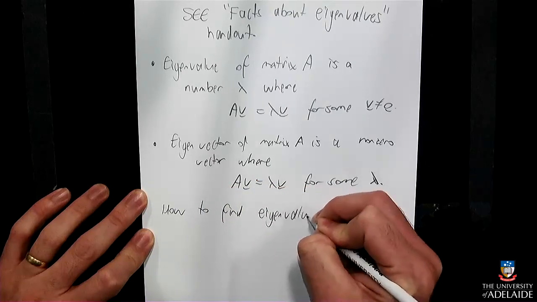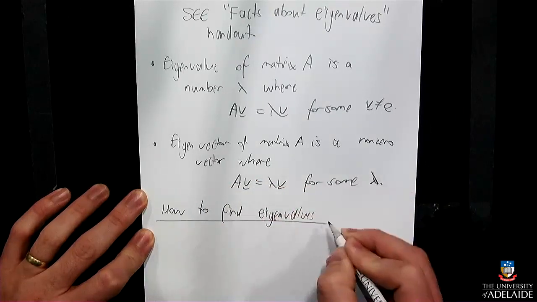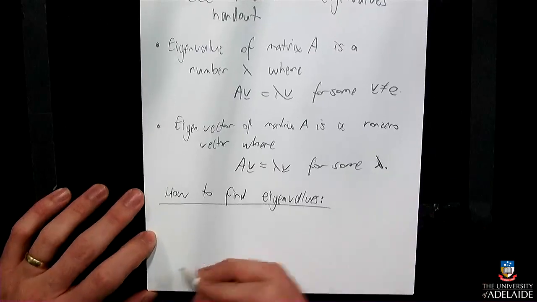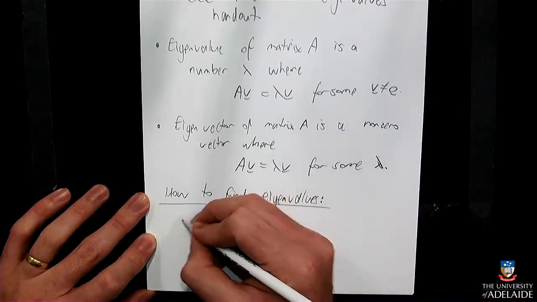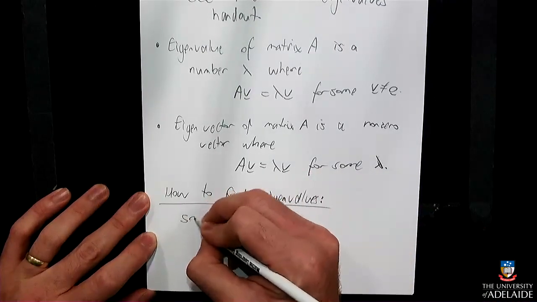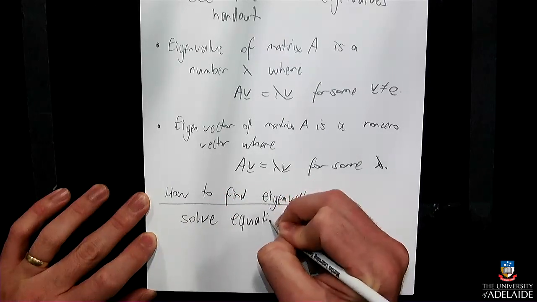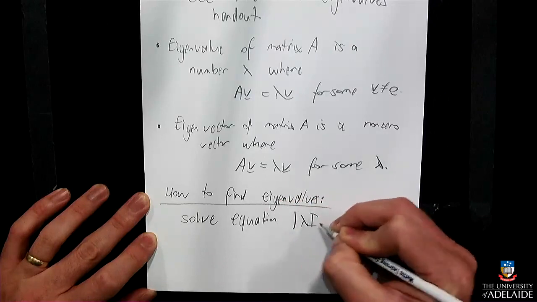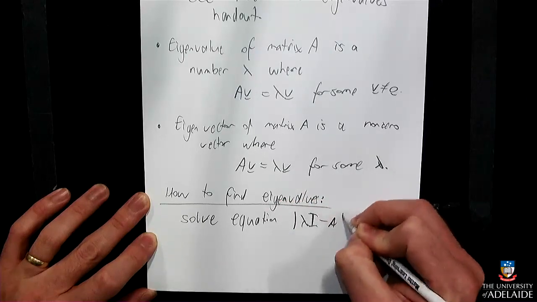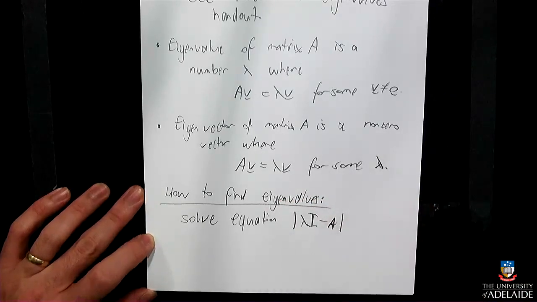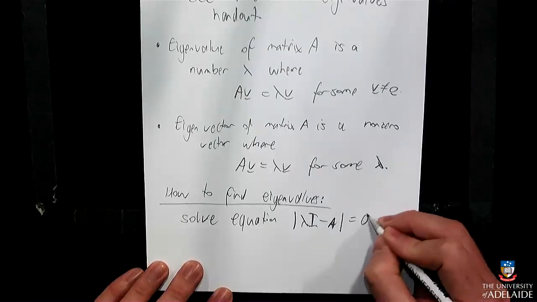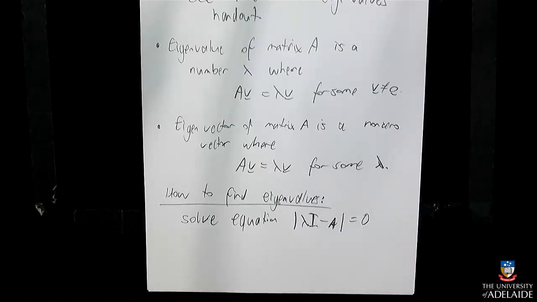How to find eigenvalues. So what we do is this. We solve the equation: the determinant of the matrix lambda I minus A equals 0. That's how to find them.